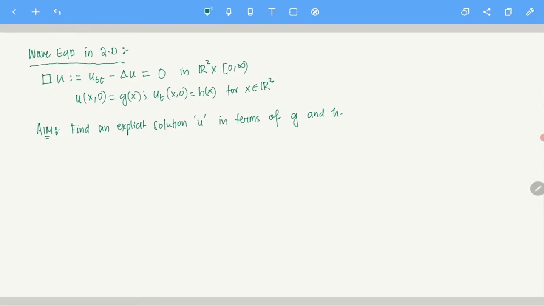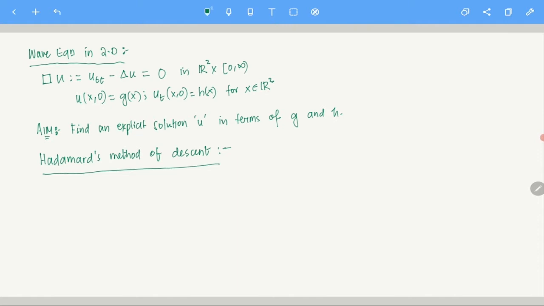Instead we are going to use something called Hadamard's method of descent. Basically we are going down.